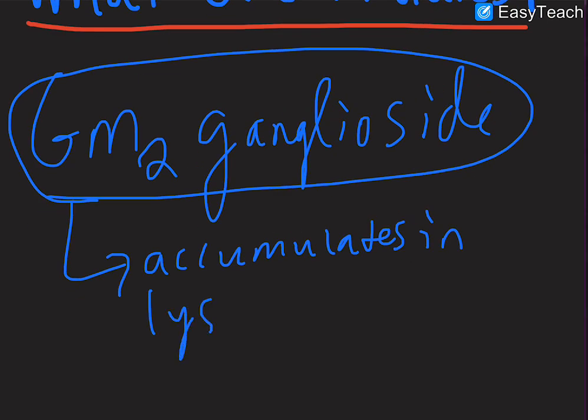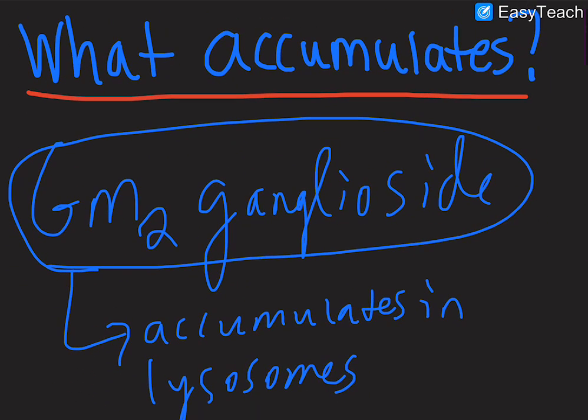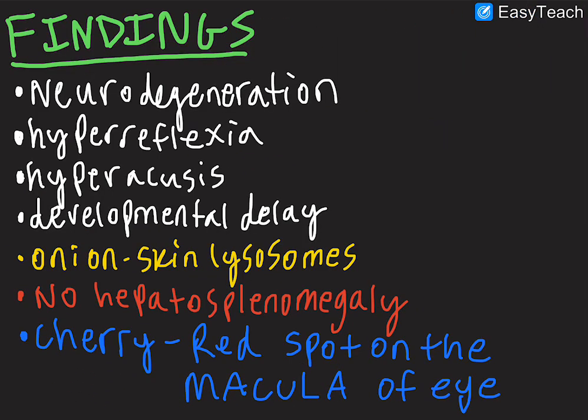So why is that bad? Because this can lead to a lot of high yield findings that we should know. If these GM2 gangliosides accumulate in the lysosomes of, let's say, your brain cells, this can lead to neurodegeneration. This can lead to hyperreflexia.